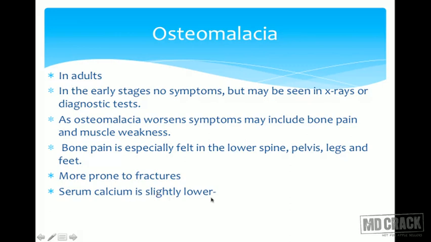Remember, PTH is there, so calcium will not go much lower. In vitamin D deficiency, calcium level decreases because there is decreased absorption of calcium, but it doesn't go much low because of PTH. The moment serum calcium goes down, PTH acts, and calcium levels are maintained at the cost of the bone. The bone becomes soft so that the serum calcium levels are maintained.